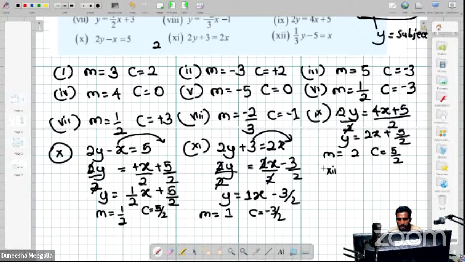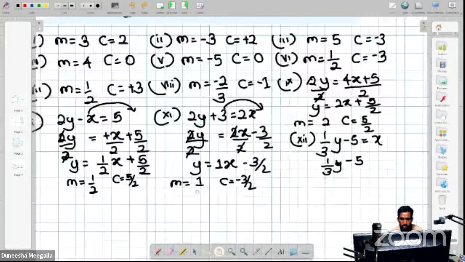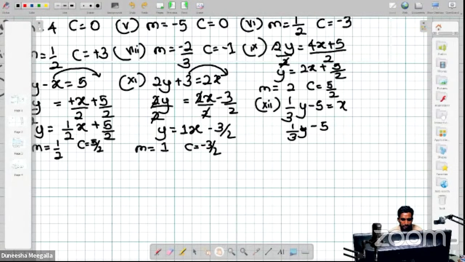Then the 12th one. In the 12th one, 1 over 3 y minus 5 equal x. That is how it is.